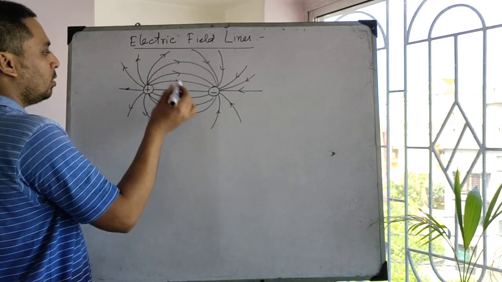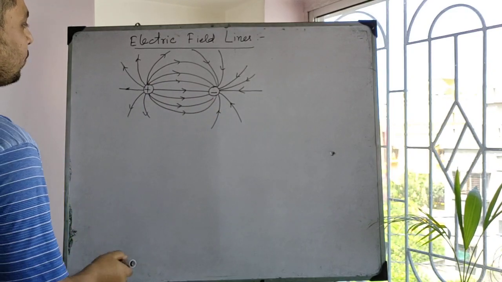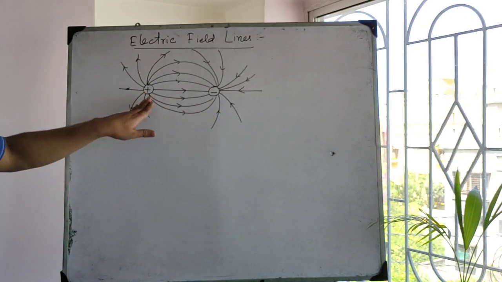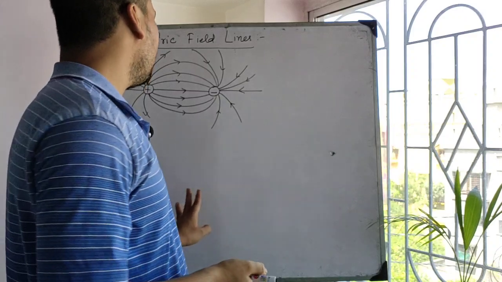So these are the field lines for a positive charge and a negative charge separated by a distance.